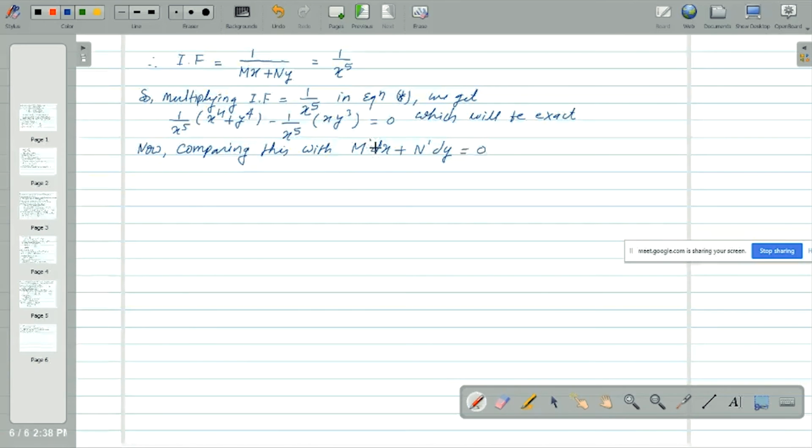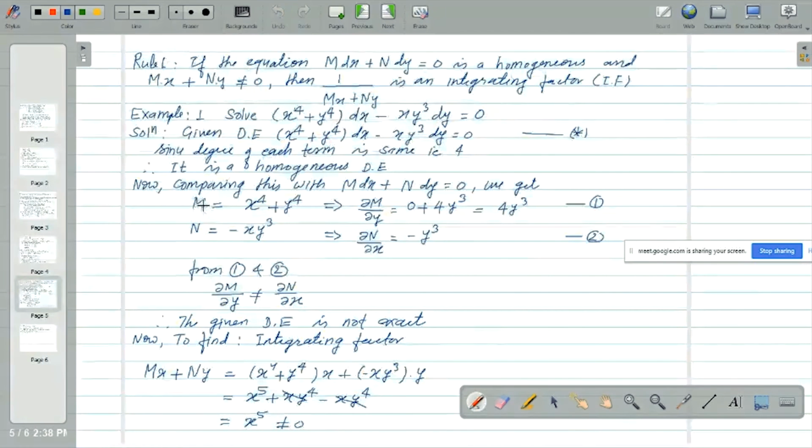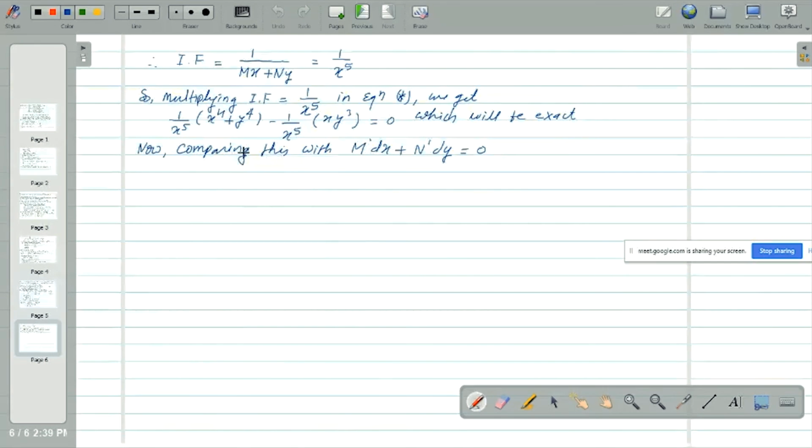Why m dash and n dash? Because we already taken m and n, which was not exact, so here it will be m dash and n dash.